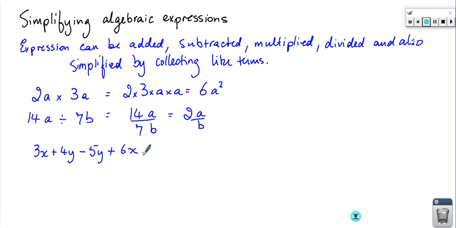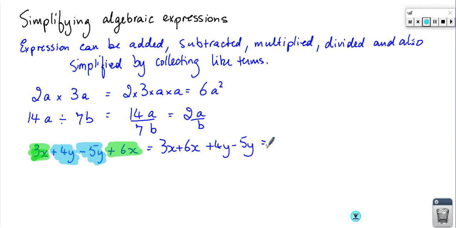Here we can see that we have like terms. 3x and plus 6x are like terms. Also, plus 4y and minus 5y are like terms. So collecting like terms, I get 3x plus 6x plus 4y minus 5y, which gives 9x minus y. So there we have collected like terms.